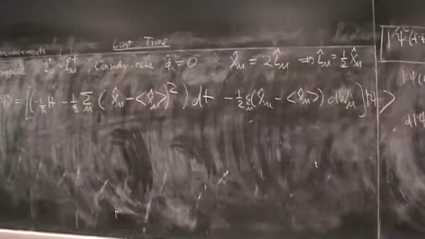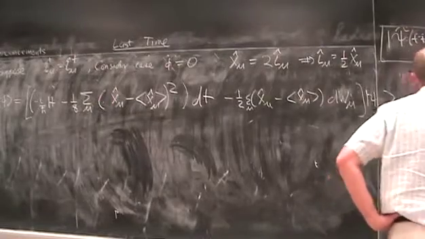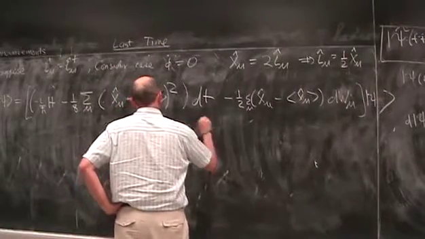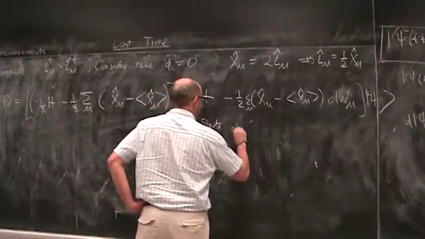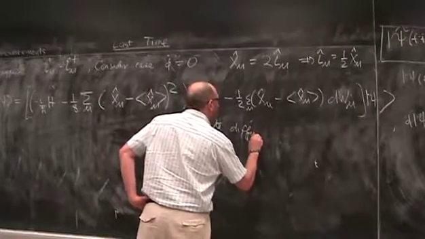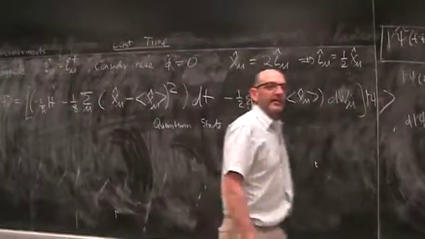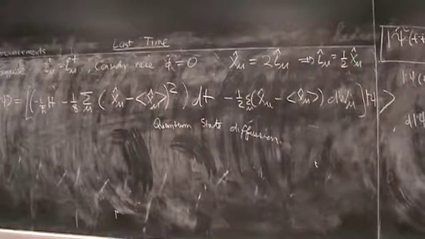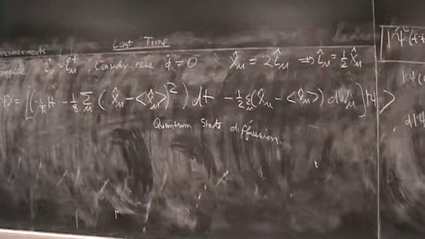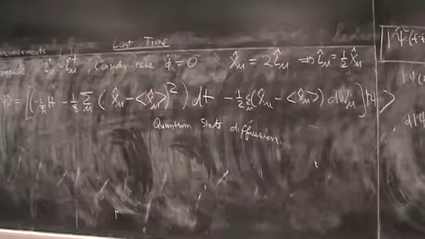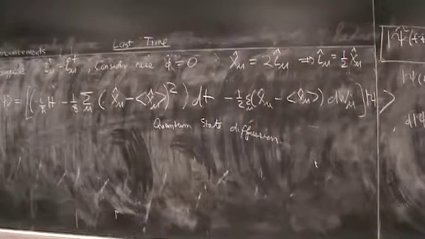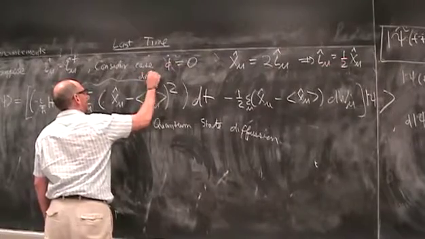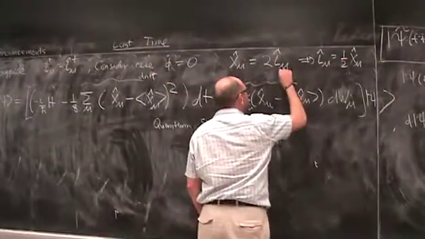This form of the equation is sometimes known as quantum state diffusion. Why? Well, it looks like the Fokker-Planck-ish equation that we saw relative to a classical probability distribution, with a drift term and a diffusion term.